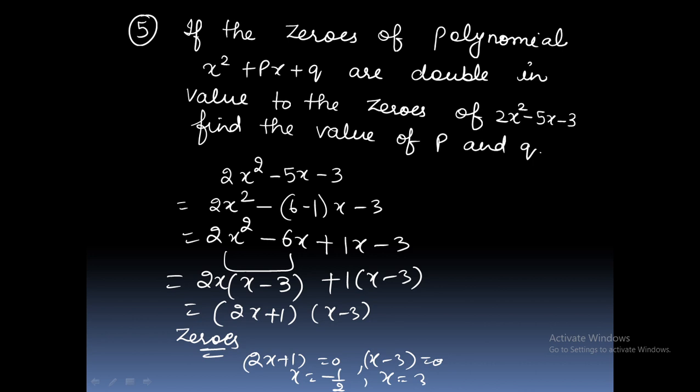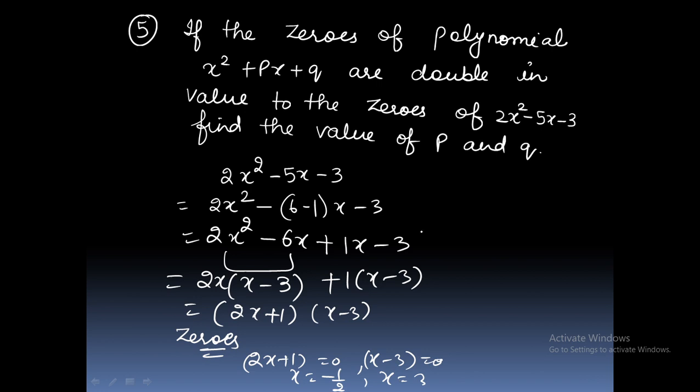After this, we have to double, because in the question we have been given that the zeros of x square plus px plus q are double the zeros.